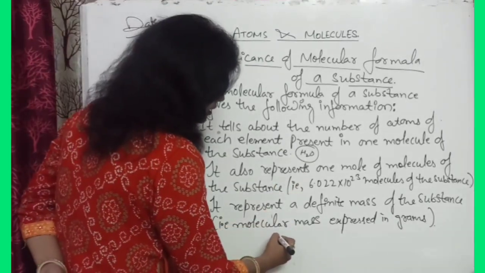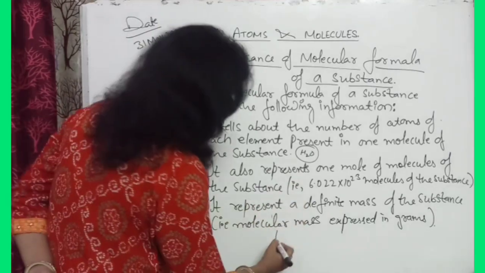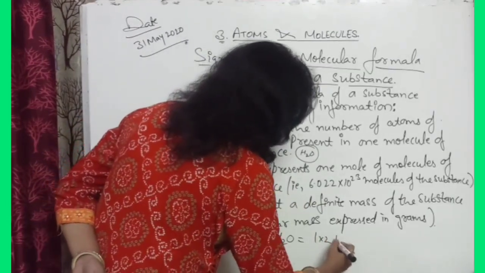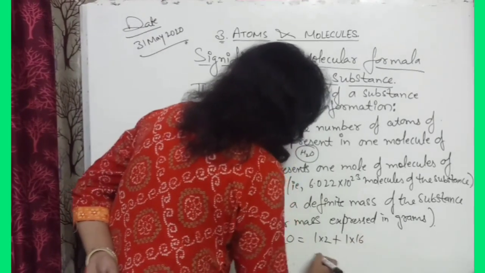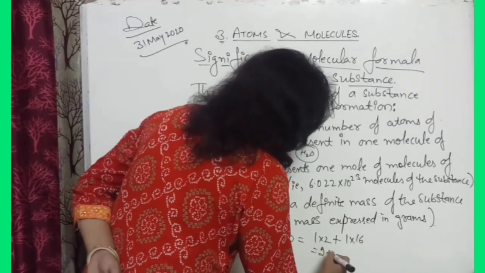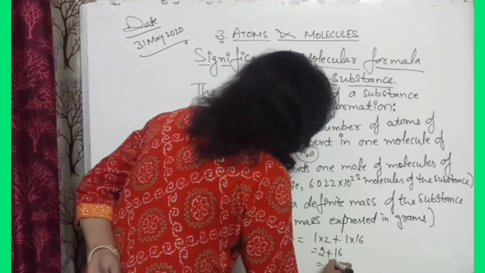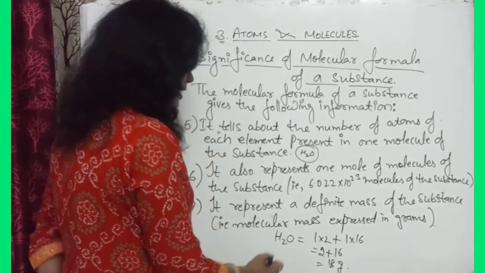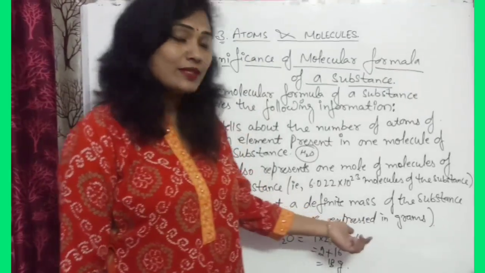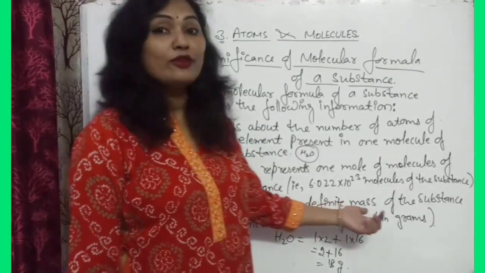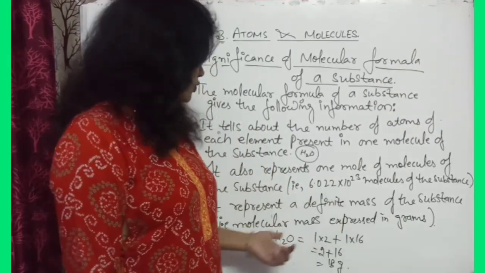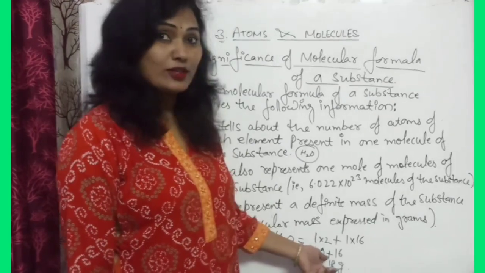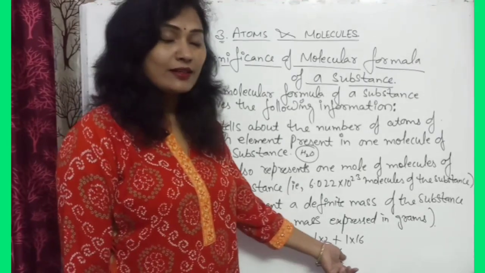For example, take H2O. The molecular mass is 1 into 2 plus 1 into 16, so 2 plus 16, it is 18. If the molecular mass is expressed in grams, it will represent the definite mass of that substance. So H2O has a definite mass of 18 gram.